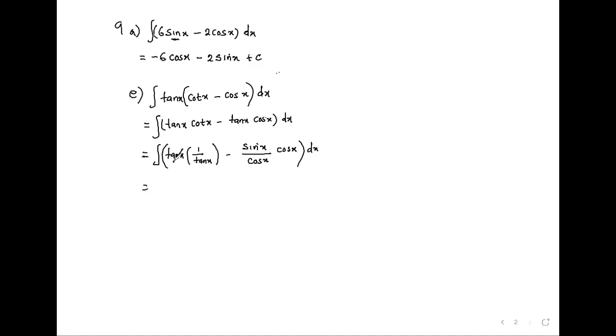So we have this guy over that, and we get 1 minus this guy over that. Then we get sine, and then we have a dx. Then we integrate. The integral of 1 is x, and the integral of minus sine is cos x, and then plus c.